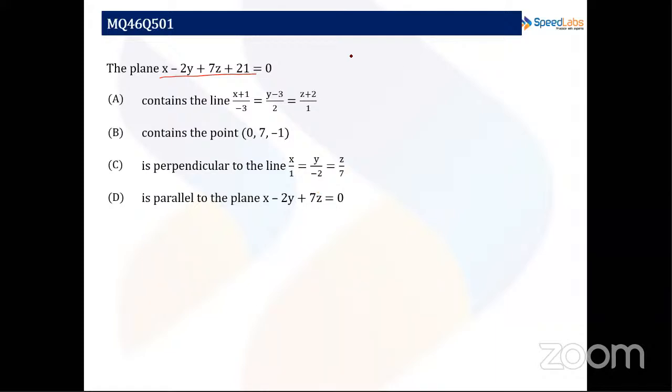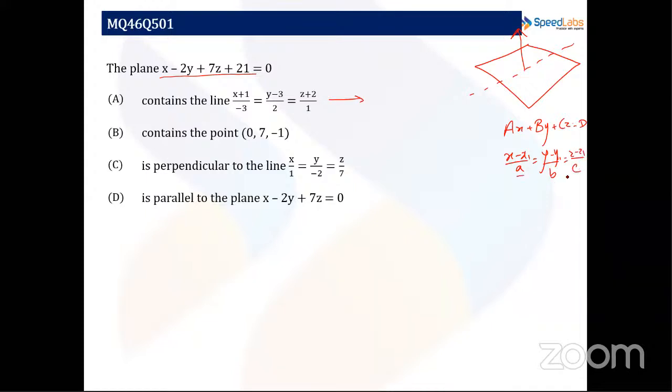Okay, for this one, if we have this plane, and it contains a line, then for the equation of plane ax plus by plus cz equals d, a, b, c are the direction ratios of the perpendicular to the plane. And for the line (x minus x1) upon a equals (y minus y1) upon b equals (z minus z1) upon c, a, b, c are direction ratios of the line, that is along the line.